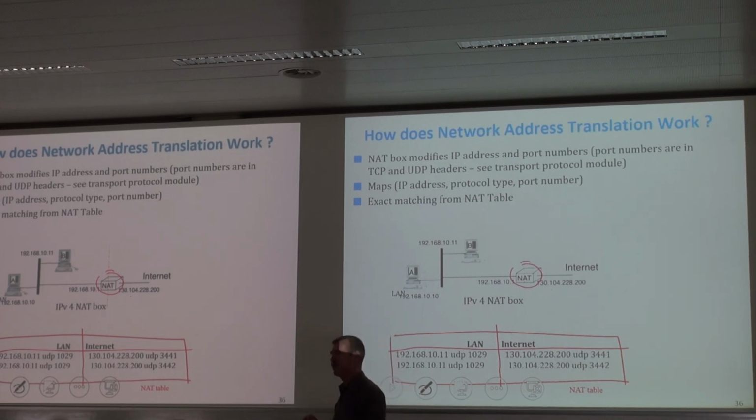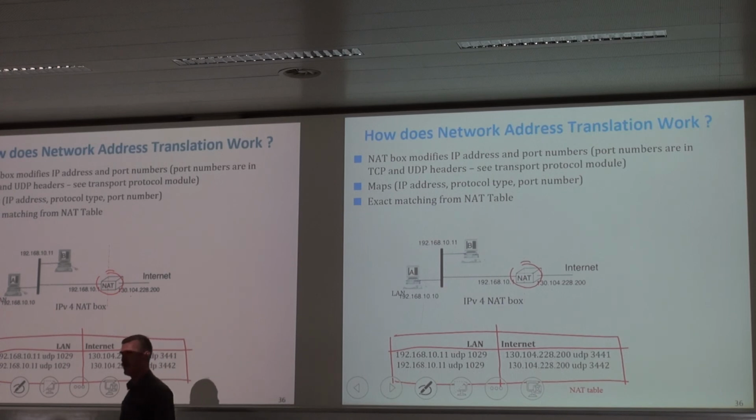So if you speak to that machine, you need to know which program in the machine you're speaking to. This is made by using ports. So the idea is to look at the ports, and remember them in what is called a NAT table.